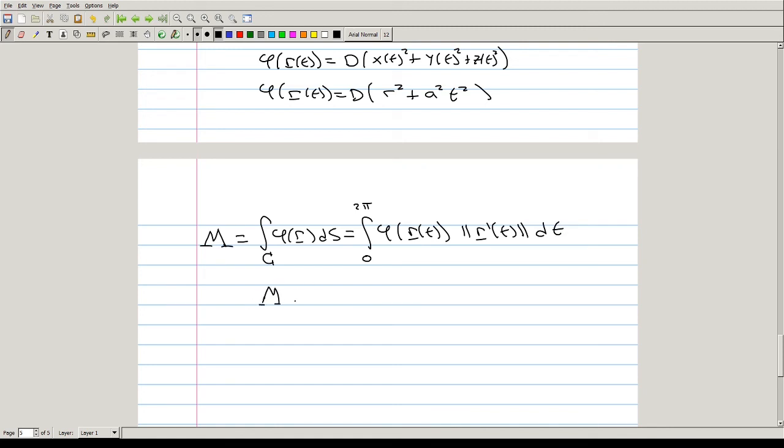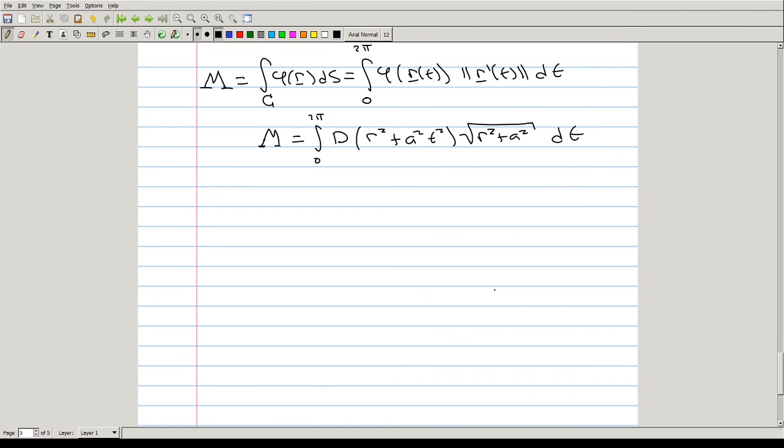So the total mass is equal to the integral from 0 to 2 pi of d times r squared plus a squared t squared, times the magnitude of r prime of t, which is just the constant square root of r squared plus a squared, dt. And now this becomes an integral that we can directly evaluate.